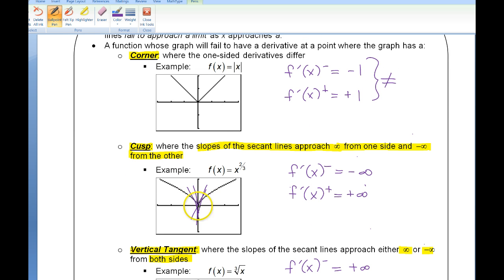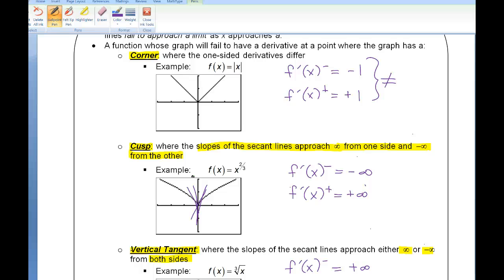For a cusp, if we look at the tangents as you get closer and closer, one side approaches negative infinity and the other side approaches a positive infinity slope. This is specific to a rational exponent with even over odd, where the even power is smaller than the odd.